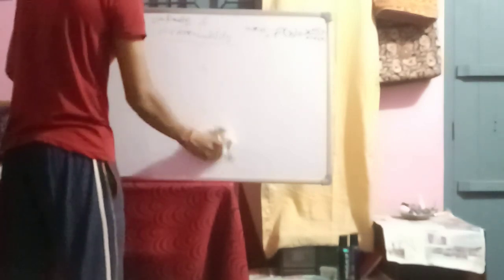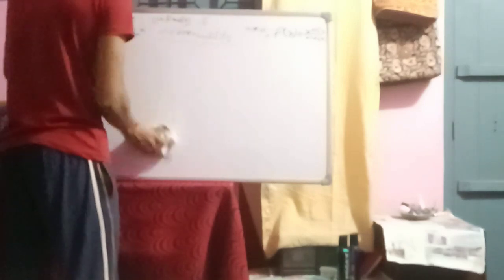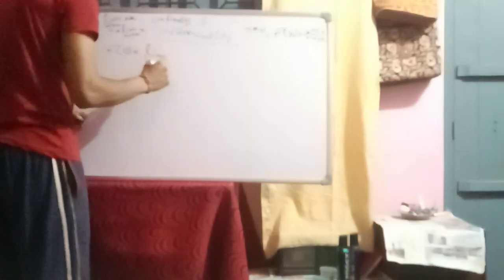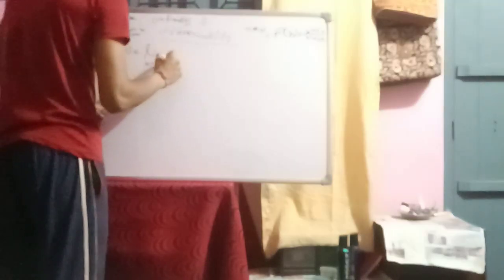Okay. Now we've been told that this function is continuous at point 0. So the functional value at point 0 would be the same as the limiting value of the function as x approaches 0 of f(x).